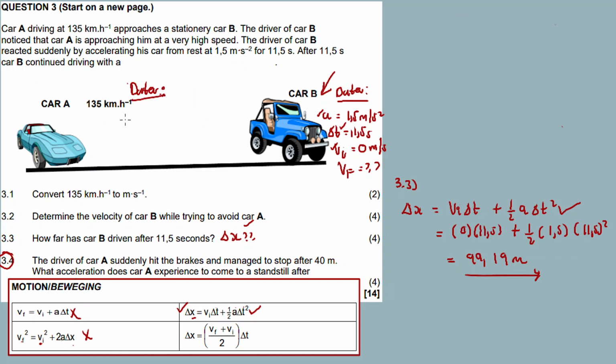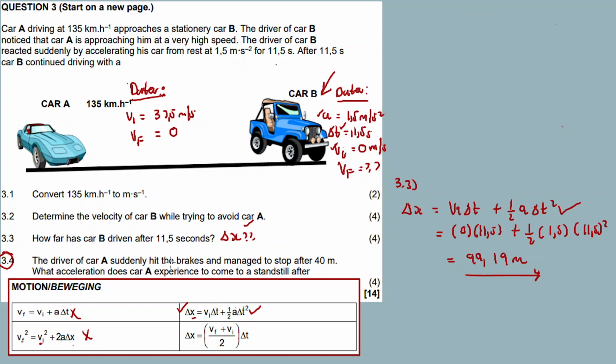All right, so we have the initial velocity. We calculated it and found that it's 37.5 meters per second. Final velocity is equal to 0. Remember, the car will come to a stop after 40 meters, so the final velocity must be 0.